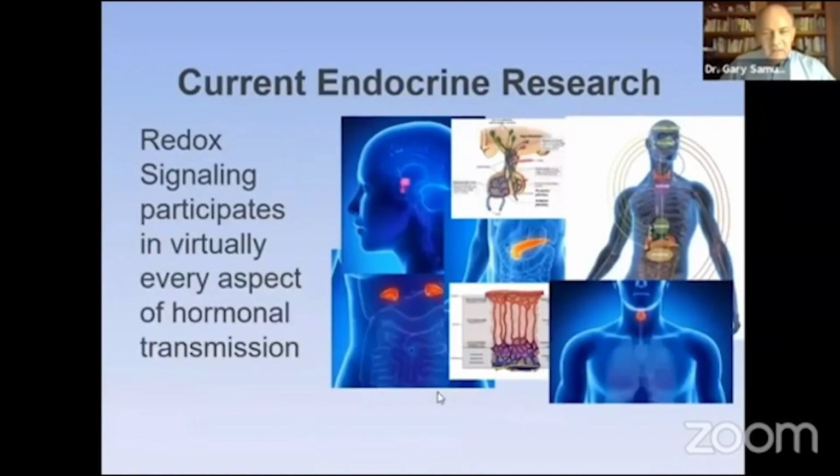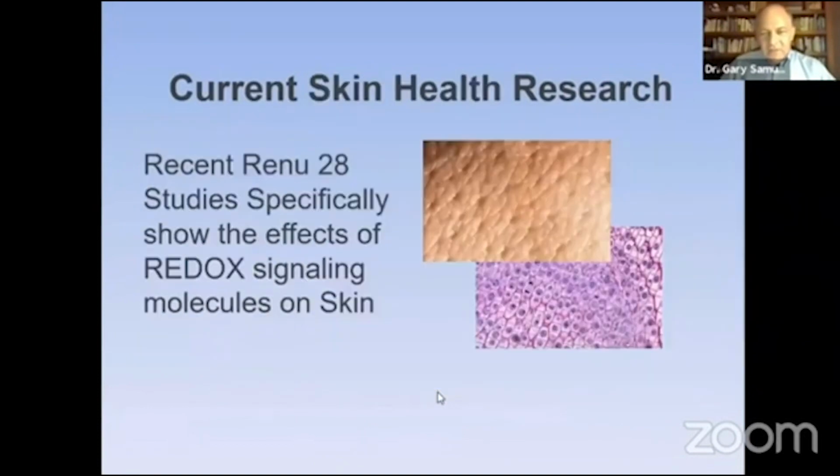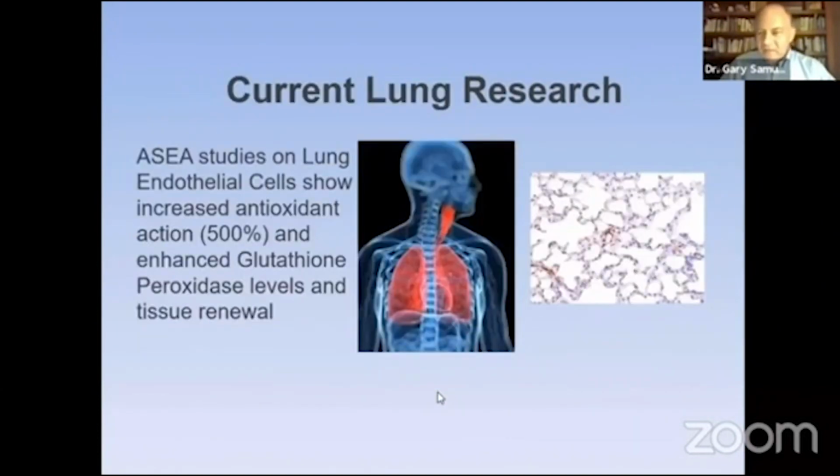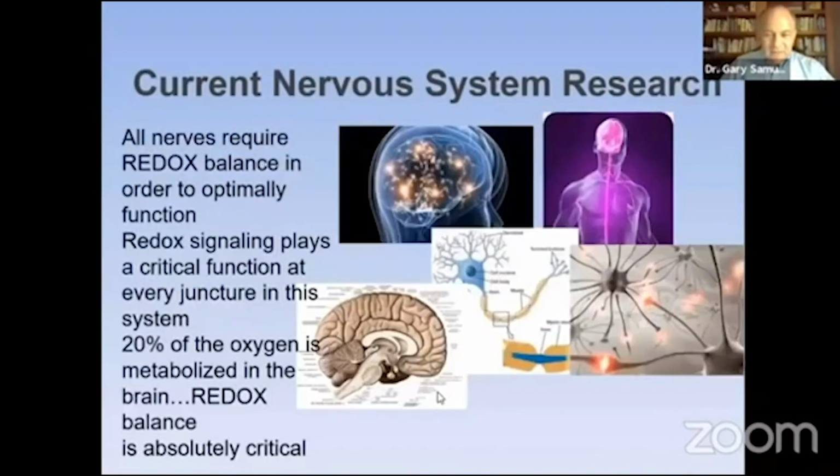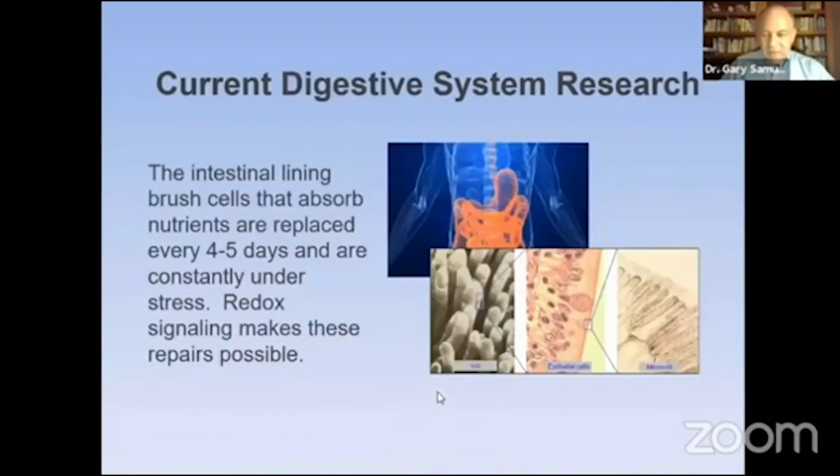So the endocrine research that has gone on, also the skin research, lung research, long before Dr. Malmed was on there, we saw the most incredible things on the regeneration of lung tissue in animals. We can't talk about it because this was early research before we gained technology.